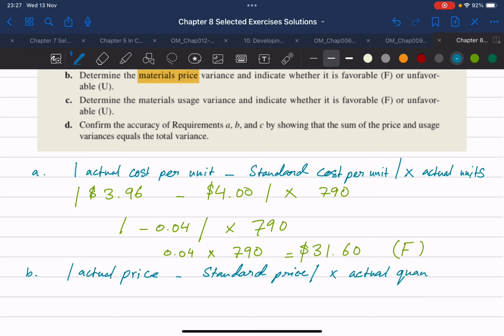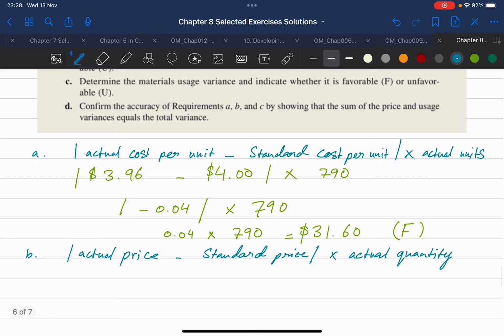So now, in this particular part, we are limiting the analysis and the variance by the difference in the price. Okay, so now we'll substitute in our formula.